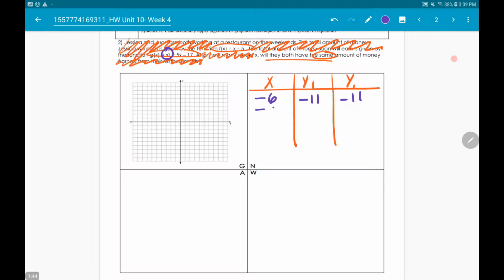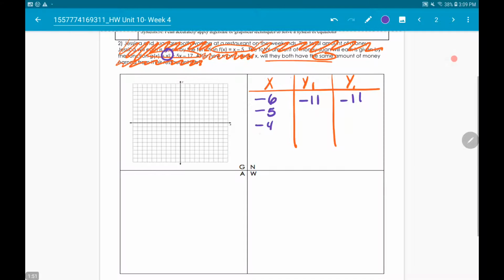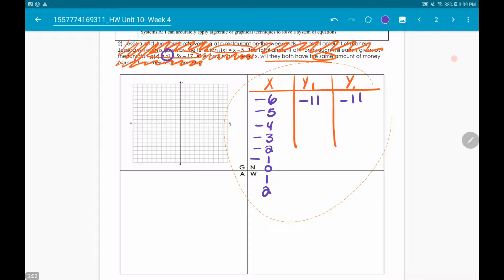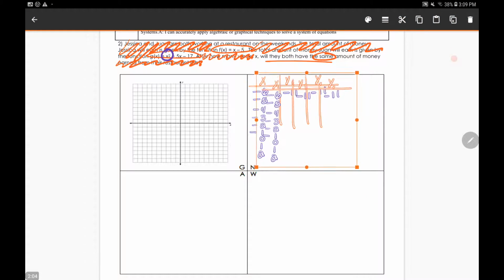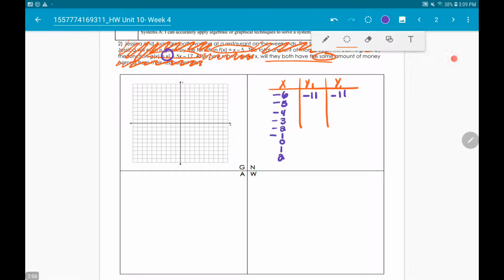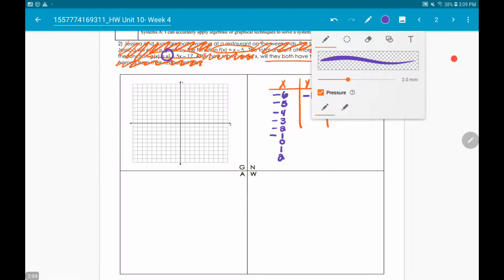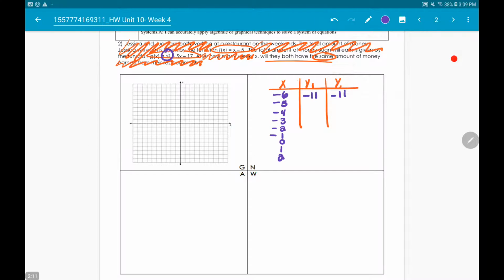All right, but I'm going to go ahead and write the ones that aren't my solutions also so that I can make sure that my reader knows exactly what I mean by my table. Okay, so when I look at my table, I see -17 and -10.